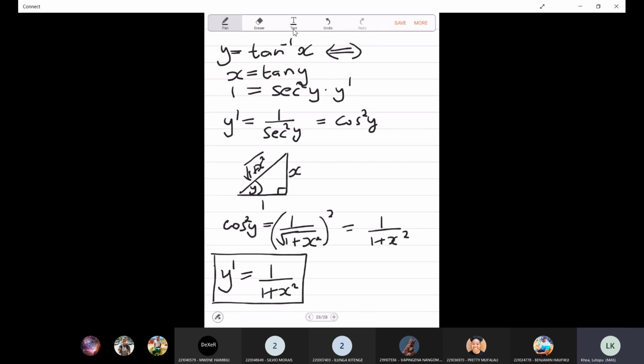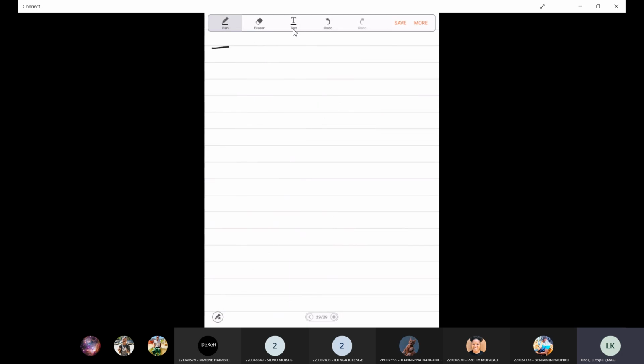Let's write what the derivatives look like as a table of trig derivatives.